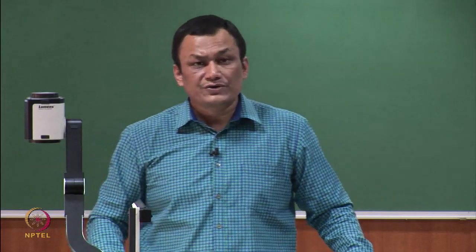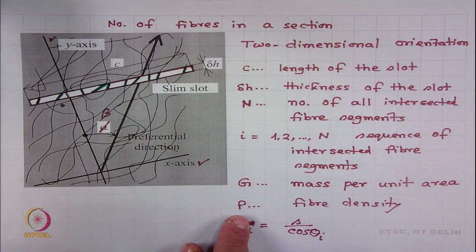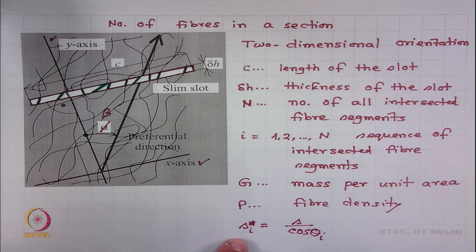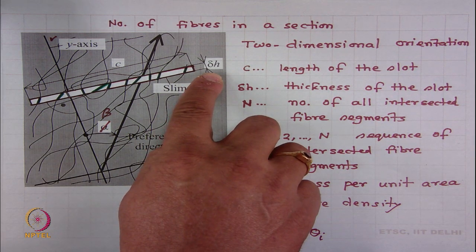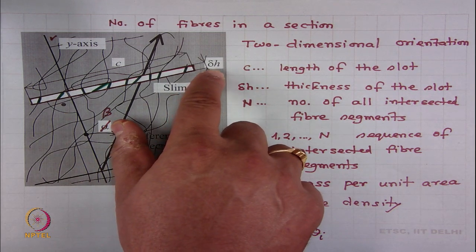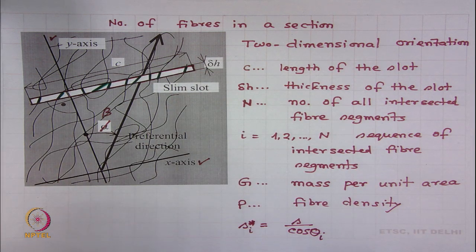Mass is equal to volume into density. What is density? Rho. And what is the volume occupied by this fiber segment? Sectional area Si star into delta H. That is the volume occupied by this fiber segment. So, the mass of the ith fiber segment is Si star into delta H, that is the volume, into density, then it gives the mass.